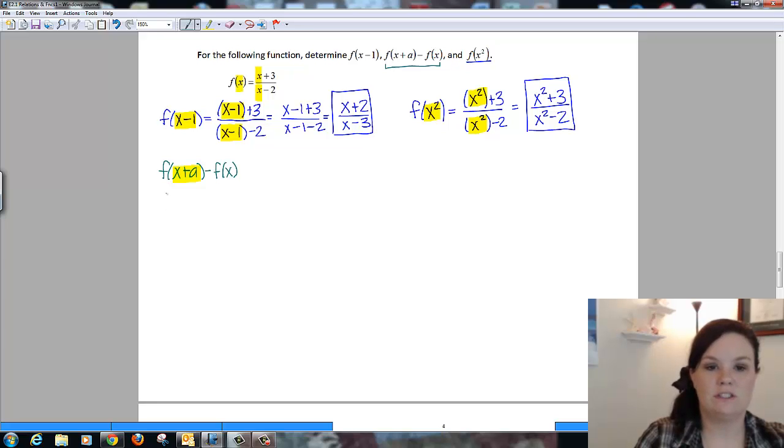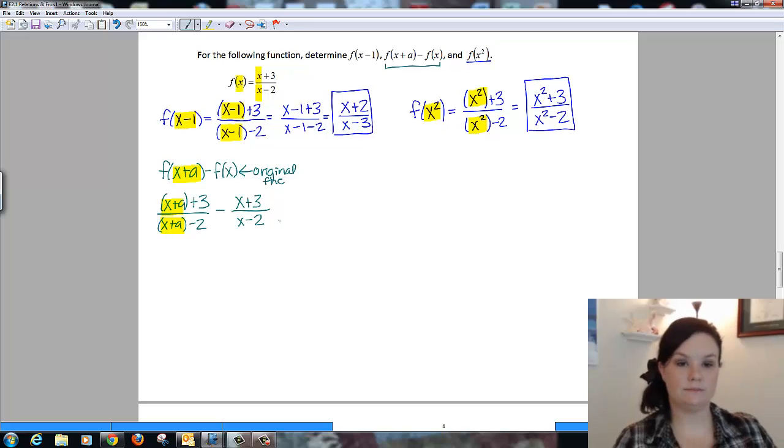My original function says to do input plus 3 all over input minus 2. So my input is x plus a. Okay, so I'm done with that piece. I just put that in. Now I want to do the second piece, which is just my original function. So I'm subtracting my original function, which just looks like x plus 3 over x minus 2.